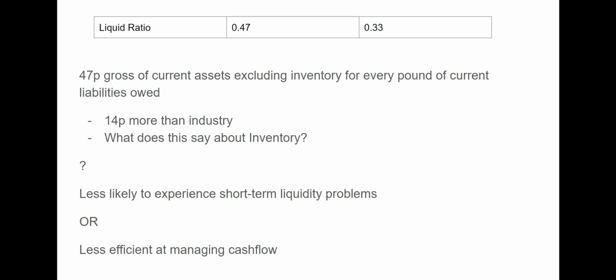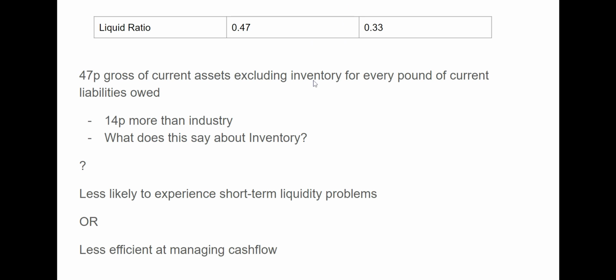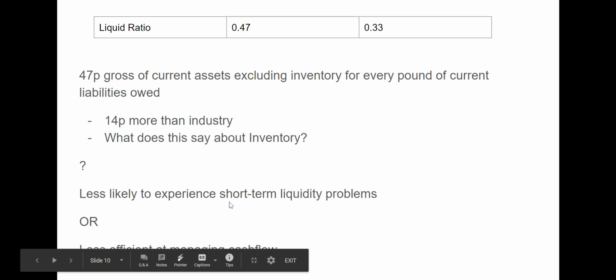That means that Tesco's inventory is a lot smaller than the inventory average in relation to the amount of money that they have to pay out. So it could mean one of two things. It could mean that they are less likely to experience short-term liquidity problems in the industry, because the industry are only going to generate 33 pence for every pound they owe.